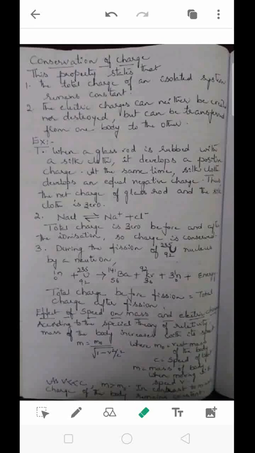In this, M is the mass of the body moving with speed v, m0 is the rest mass of the body, v is the speed of the body, and c is the velocity of light. The velocity of light is always more than the speed of the body, so v is very small compared to c. When you substitute in the above equation, we get M greater than m0. That means the mass of the body increases with speed. In contrast, the charge of the body always remains constant. Right, students?